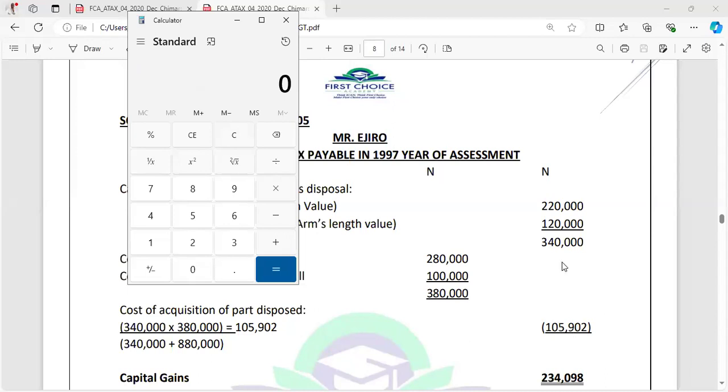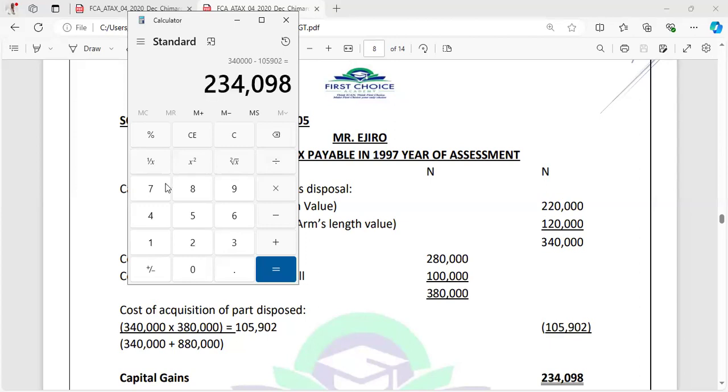Now, by the time you remove it from the arm's length value of the cash received, so we have 340,000 minus 105,902.